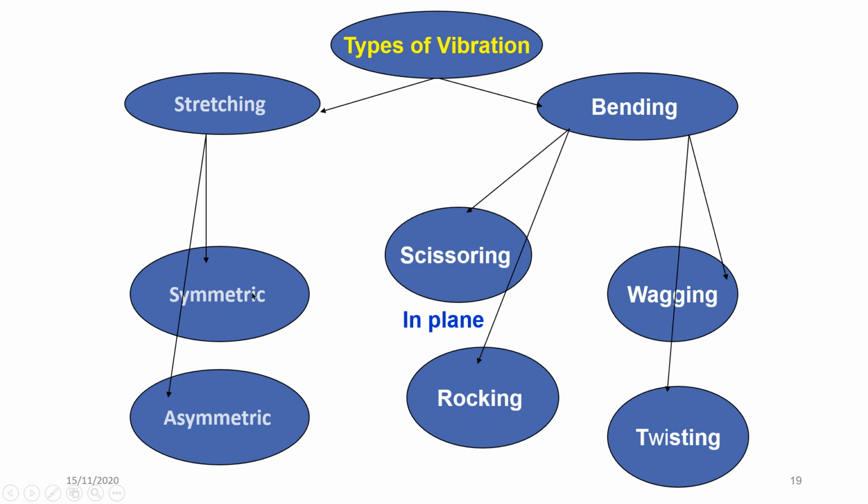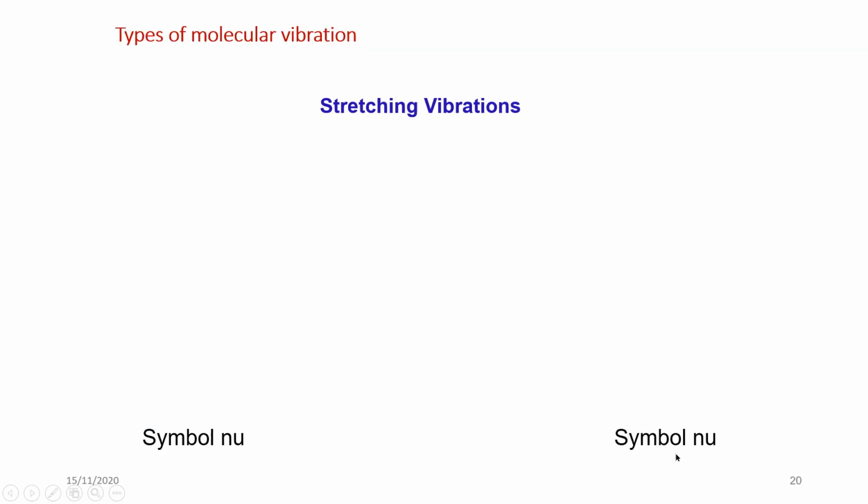Hence, in stretching vibration again there is symmetric vibration and asymmetric vibration. Then in bending vibration there are two in-plane bending vibrations, scissoring and rocking. Then there are two out-of-plane bending vibrations, wagging and twisting.